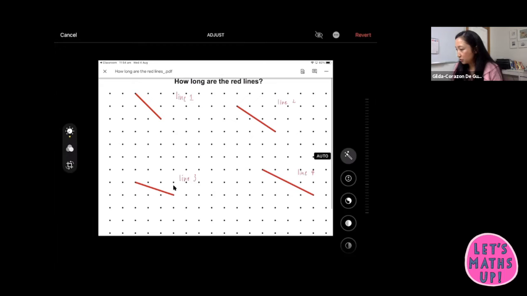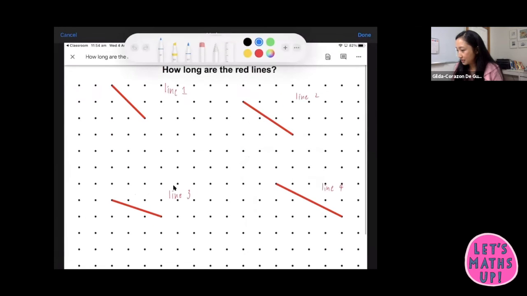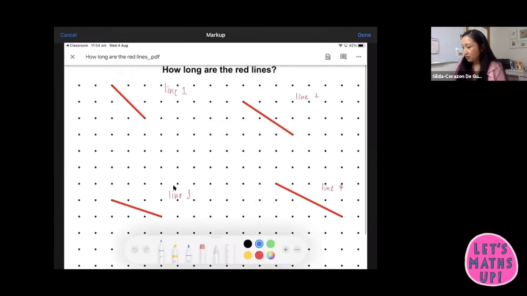How can I write? Which one do I press? This one? Yes. So we can't just simply say, I can draw a triangle here and that's a triangle. We don't know if that's a right angle triangle.